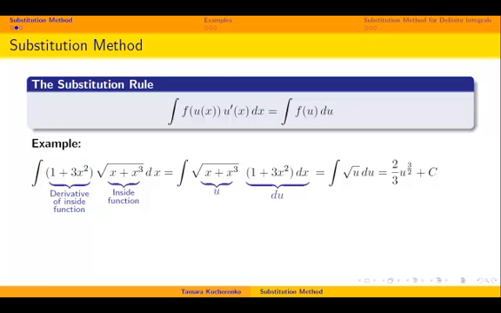The last step is to change the variables back to x. We replace u by x plus x cubed and obtain 2/3 times x plus x cubed to the power 3/2 plus c as the final answer.